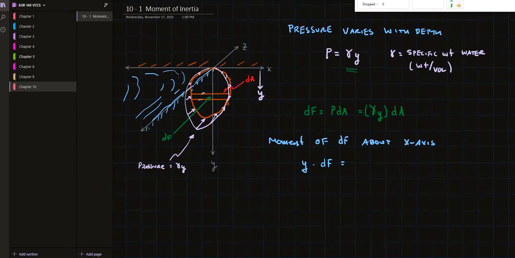Let's substitute some of this. This equals our differential moment. So this is essentially y times the differential force, which we could represent by gamma times y times dA, or in other words, gamma y squared dA.